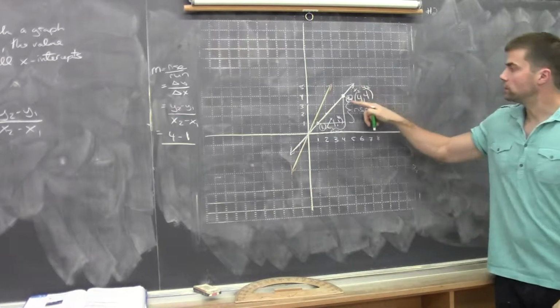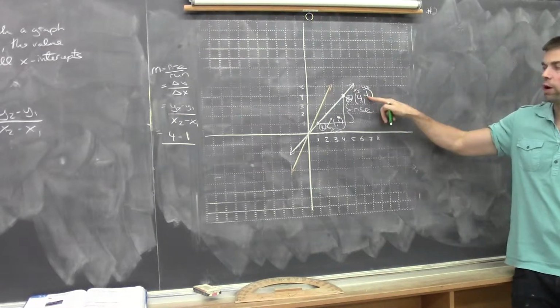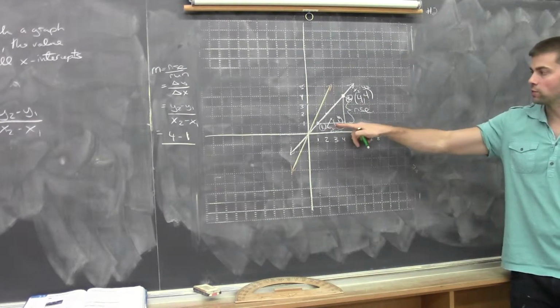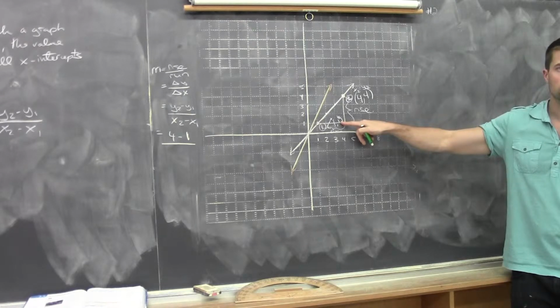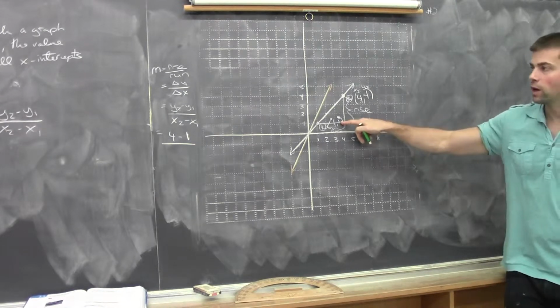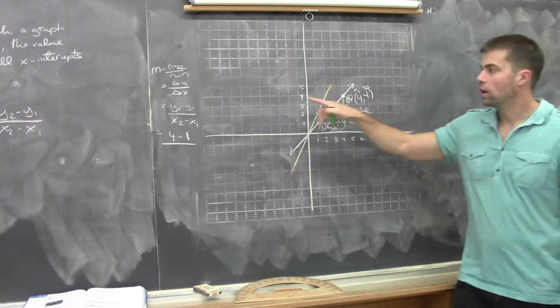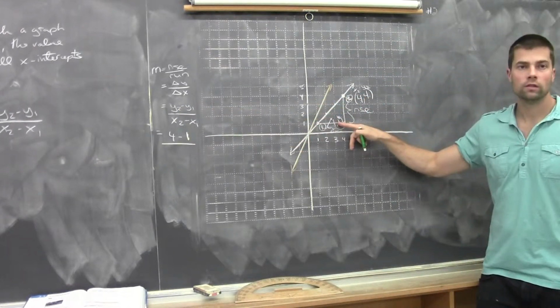y2, this is our second point, right? So this is x2, y2. Do you get that? This is point 1, so this is x1, y1. Okay? So now we have this formula, we want to fill it in. So our y2 is 4, our y1 is 1.